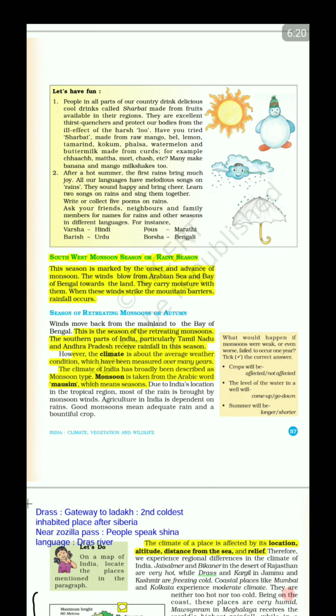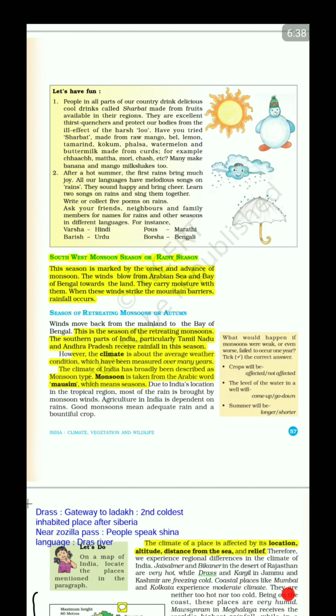The climate of India has broadly been described as monsoon type. A very important part, the Indian climate. What is climate? Climate is the average weather condition over many years.